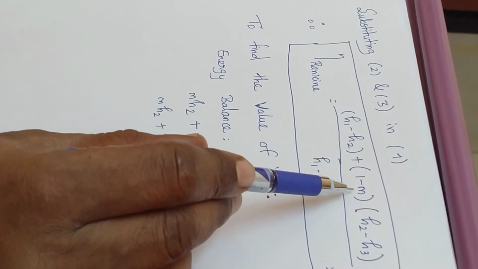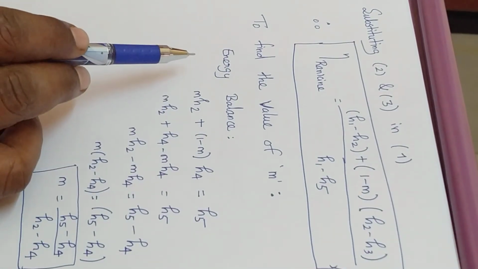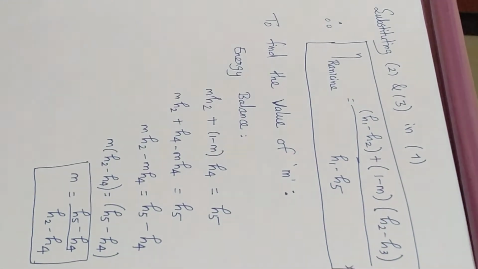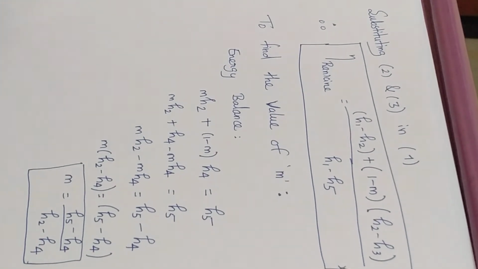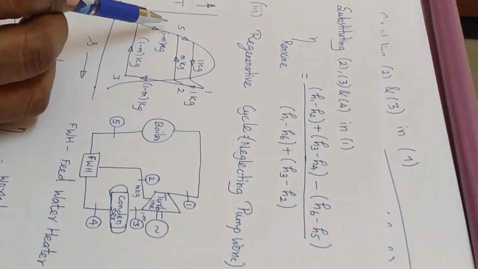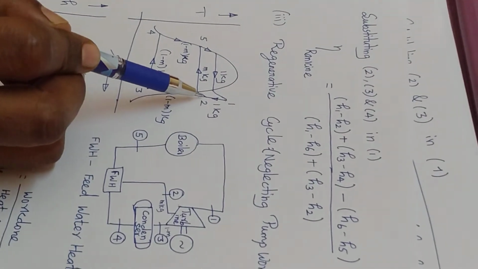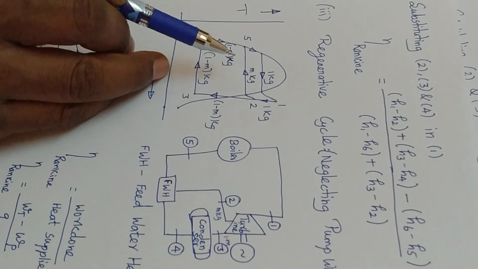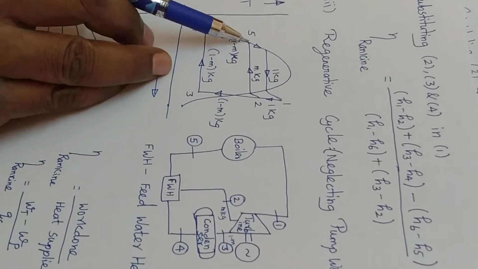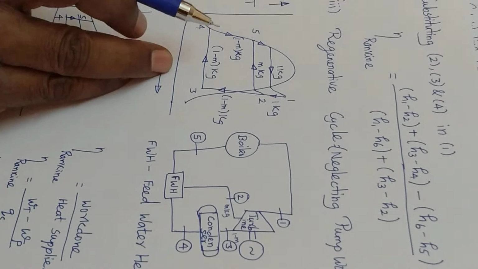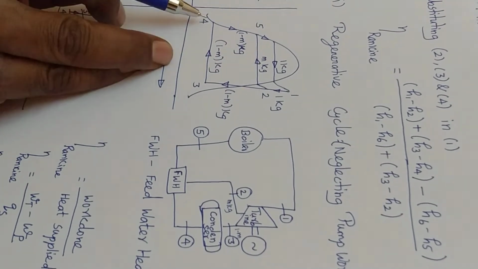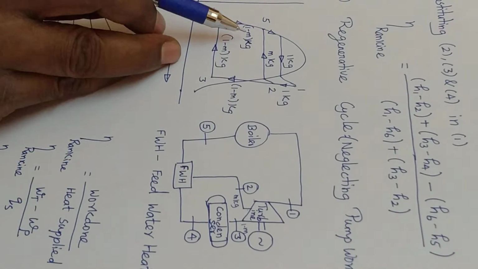But in order to find this m, we are going to use the energy balance. The energy balance here is: at point 5, steam at enthalpy H2 and mass m kg is entering, and also liquid with enthalpy H4 and mass 1 minus m.